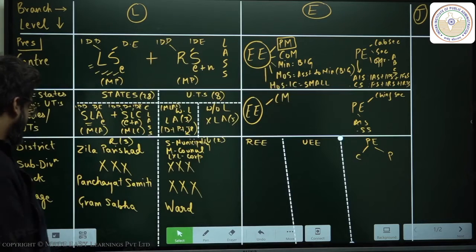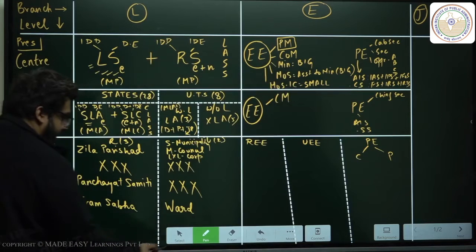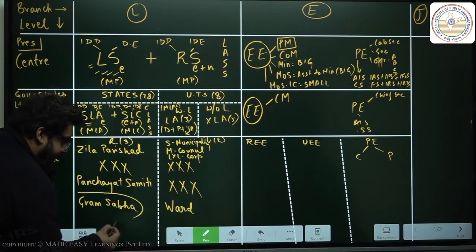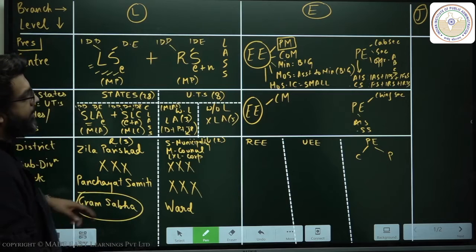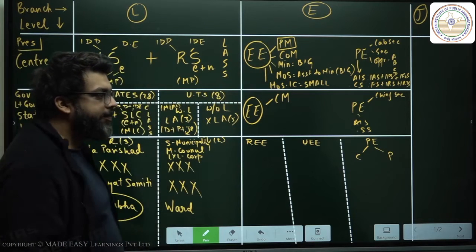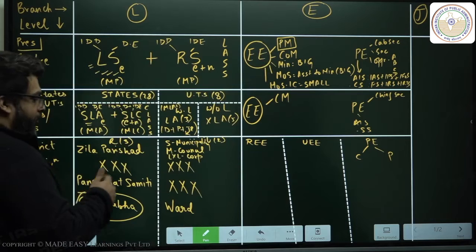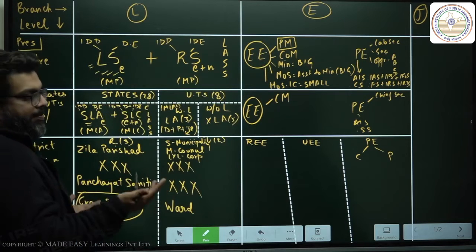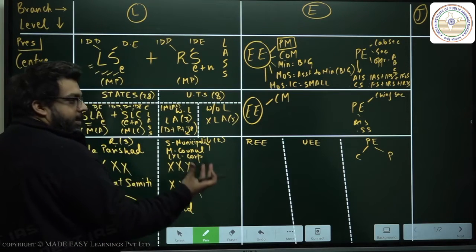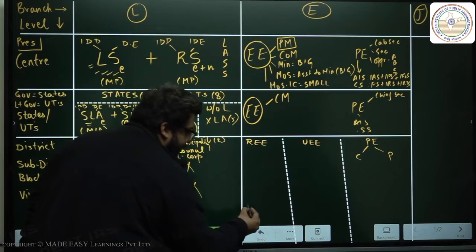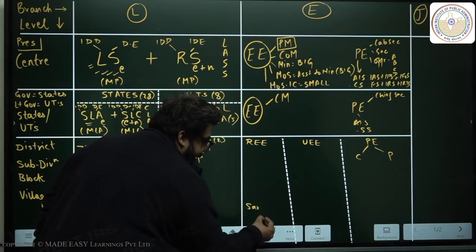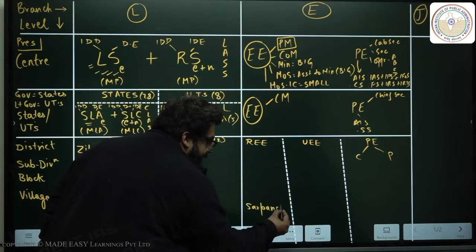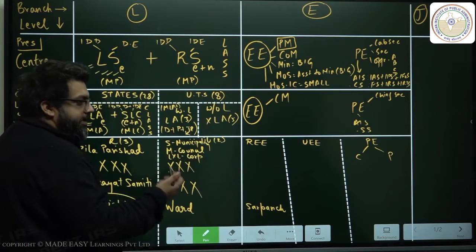All right. So, if this is your legislature, then you should also have an elected executive. So, if it's a small village, you're going to have a council of ministers and a PM. So, the prime minister of the Gram Sabha is called Sarpanch, and if it is a big village, you may want to have council of ministers as well.